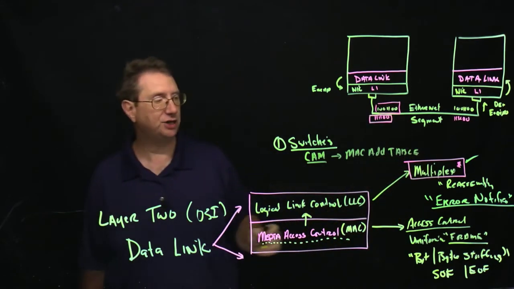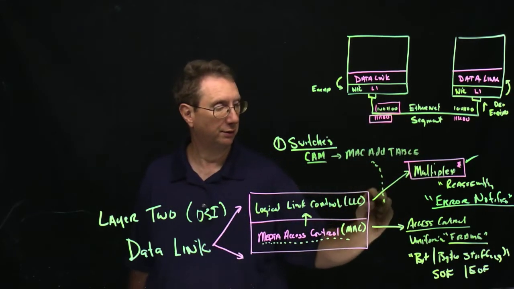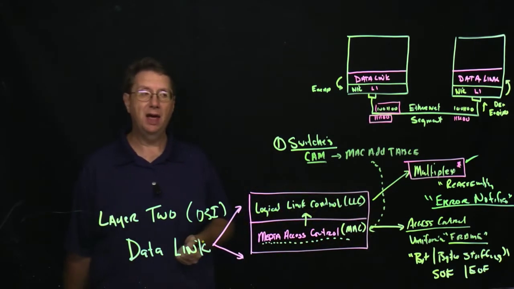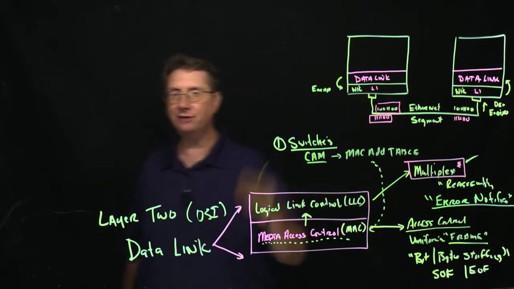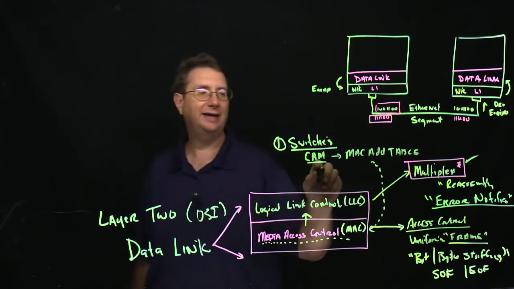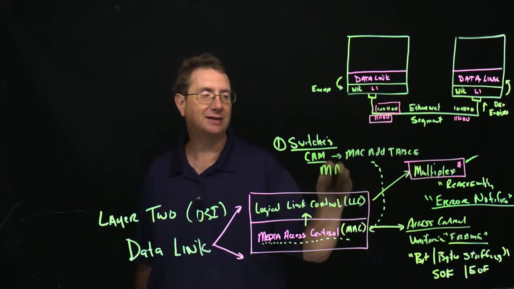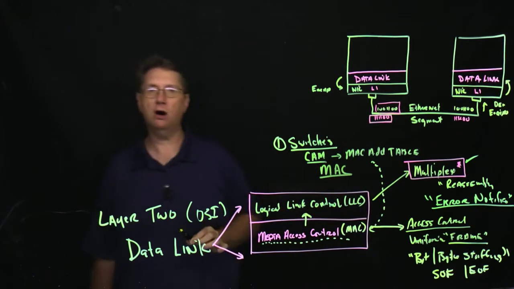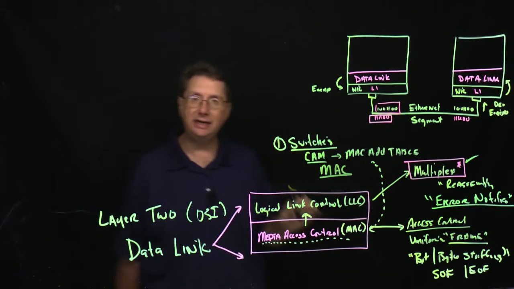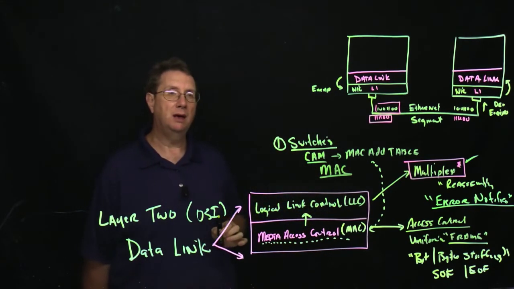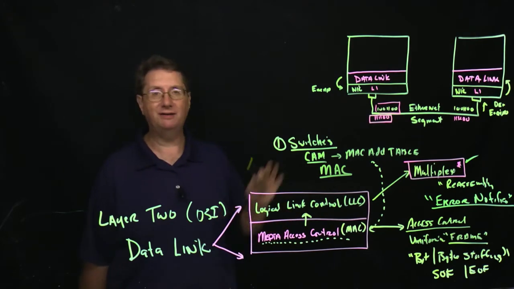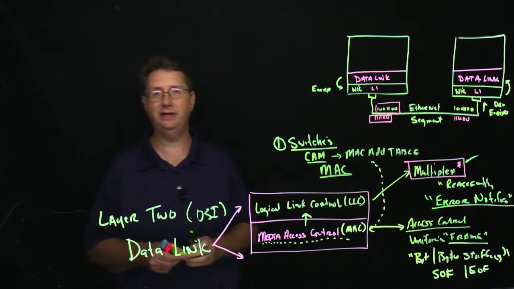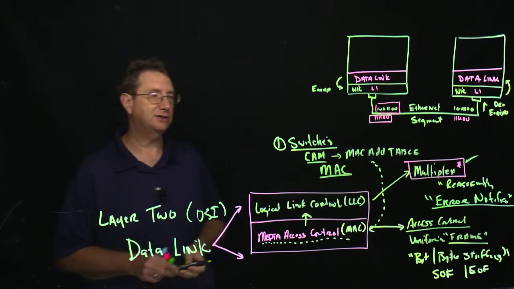And all of that information is actually learned from the media access control mechanism. And it allows me to record addresses that operate at layer 2, and again, we call those media access control addresses or MAC addresses. Every network interface card you buy is going to have a unique MAC address. Every switch that you buy is going to have a unique MAC address for every port, plus the switch itself is going to have a unique system MAC address.